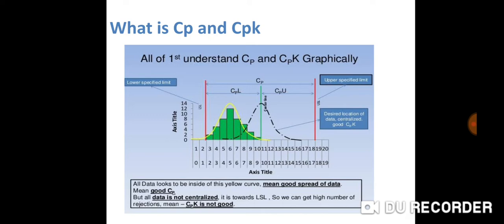Although it is good, meaning there is no rejection, all these values are falling within the specification, but only on the one-sided lower specification. The Cpk concept brings the process into the center. When you bring the process into the center, we can control the variation and the process will become robust.